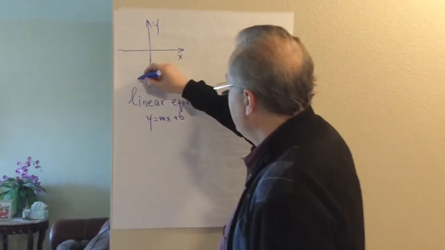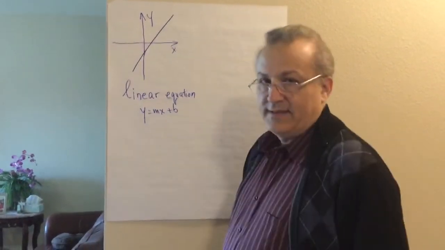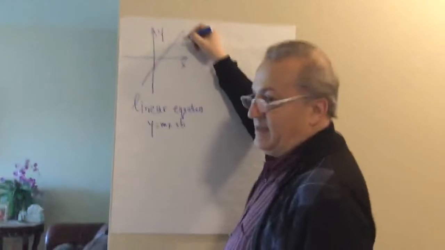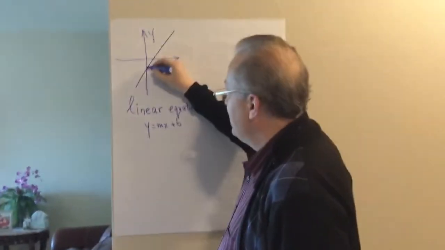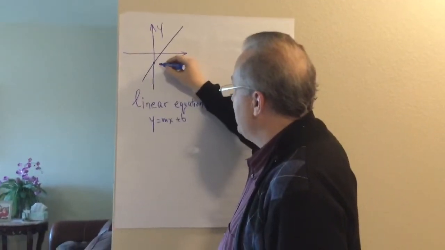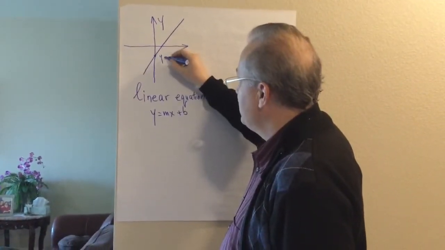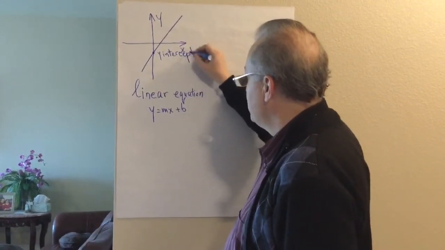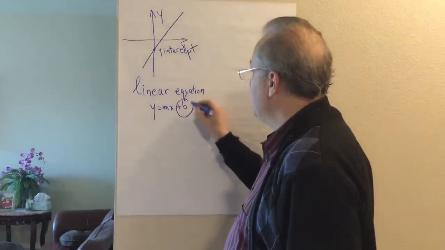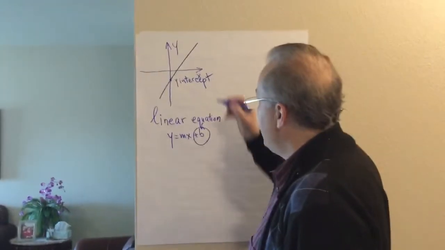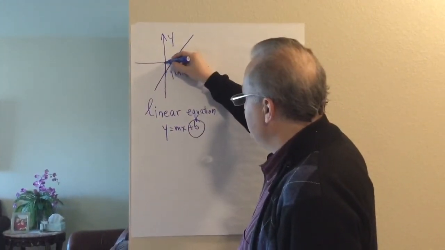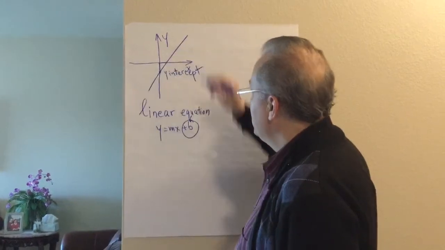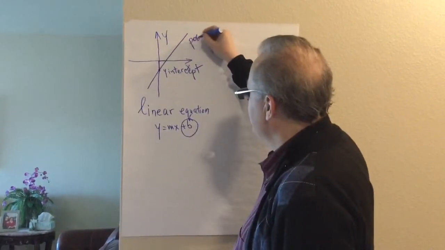So, that's the linear function in case that it is positive. And right here is my y-intercept, which is b. Then I have the slope, rise over run. This time it's positive.